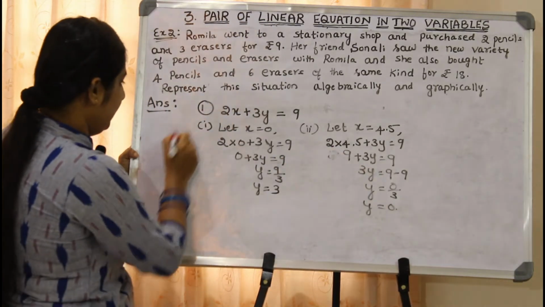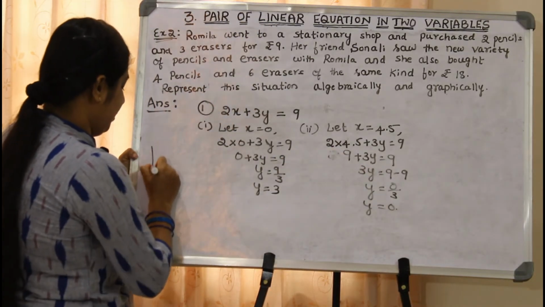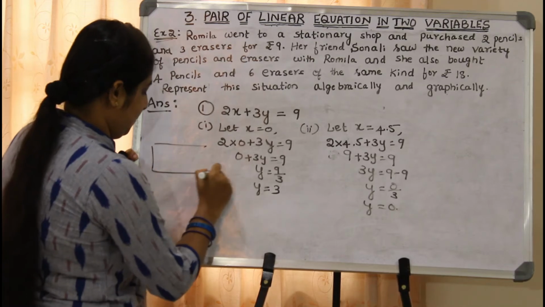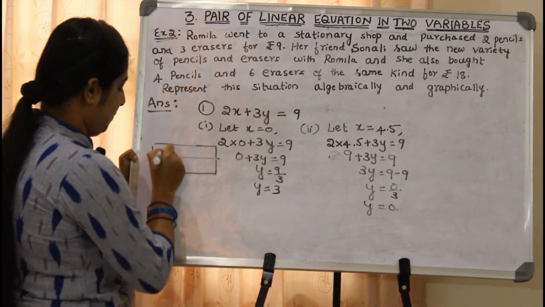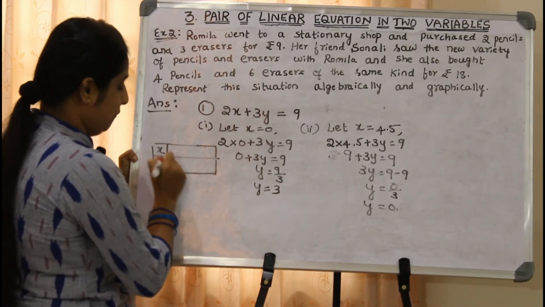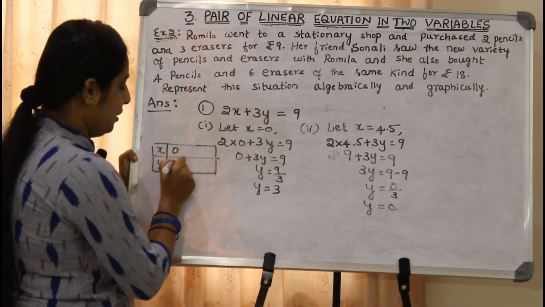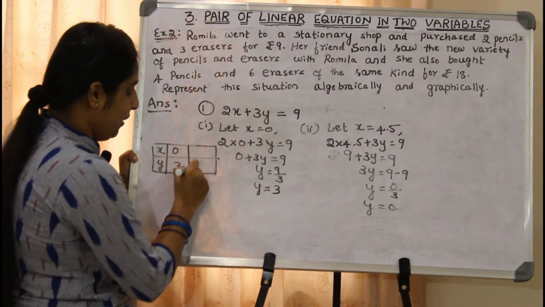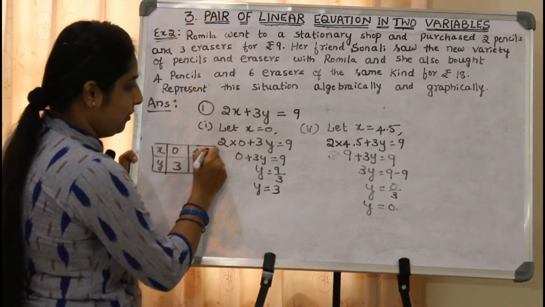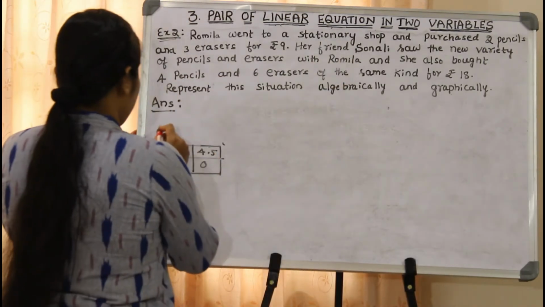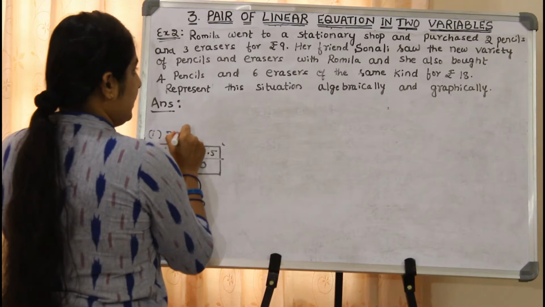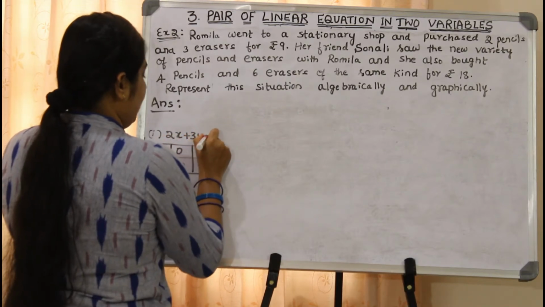So my table for the first equation is x, y. When x was 0, y was 3. When x was 4.5, y was 0. This is for the first equation, that is 2x plus 3y is equal to 9.